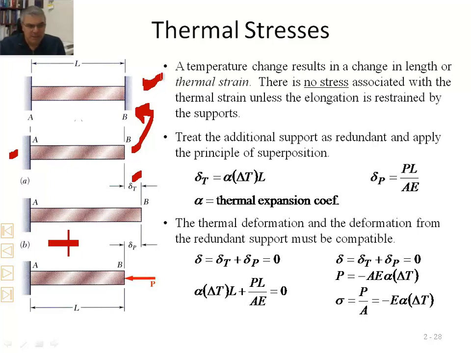So the amount delta T relates to the length of the material multiplied by the coefficient of thermal expansion, multiplied by delta T. This is the amount of elongation that the bar AB would go through if its temperature were increased by an amount delta T. The length of the bar is L, alpha is the coefficient of expansion, and delta T is the difference in temperature.